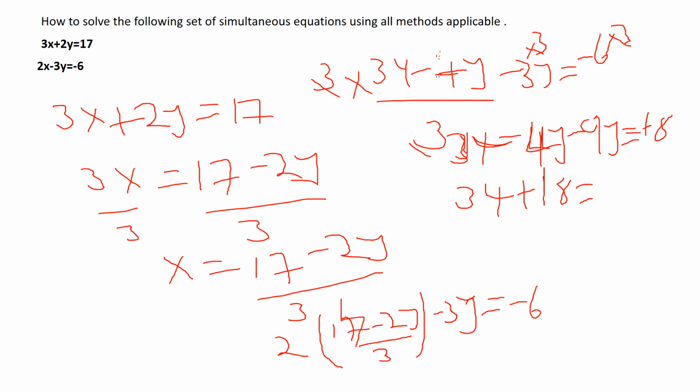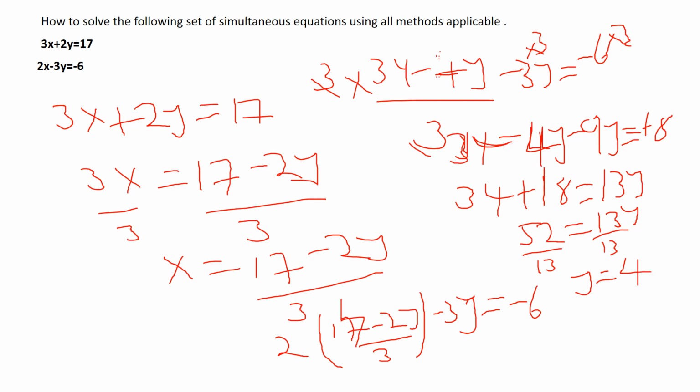This one is equals to positive 13y. So this becomes 52 is equals to 13y. So I can divide by 13 on this side, and also on the other side I divide by 13. So in this case, I'll have my y being 4.